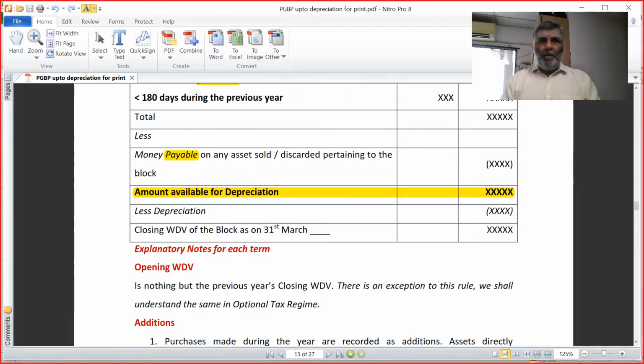Yeah, we progress to special cases of addition. Section 43 is a support section. Section 43, my dear friends, supports other sections. So here again, we saw yesterday that 43.5 is the one which defines what is plant, what are all the inclusions in plant.